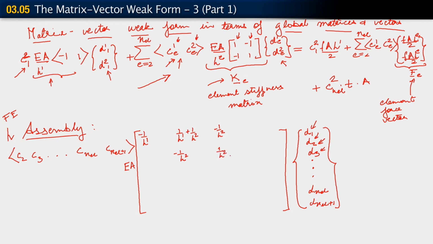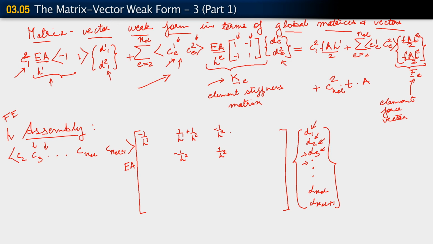Okay. We go on then to element 3. Element 3 has contributions coming from C3 and C4, which is just next to it. As far as the D degrees of freedom are concerned, it has contributions coming from D3 and D4, which are next to it. So it is going to provide contributions to our matrix in rows 2 and 3 and columns 3 and 4.